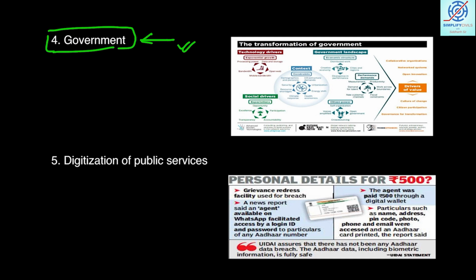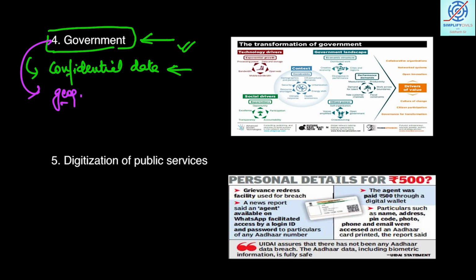You know that the government possesses a lot of confidential data, and if it falls into the hands of people who are against us, or who are in rivalry with us, then they can take advantage of the situation and misuse the information. A government has a lot of information regarding the geography of the country and the military, so we need to protect it.